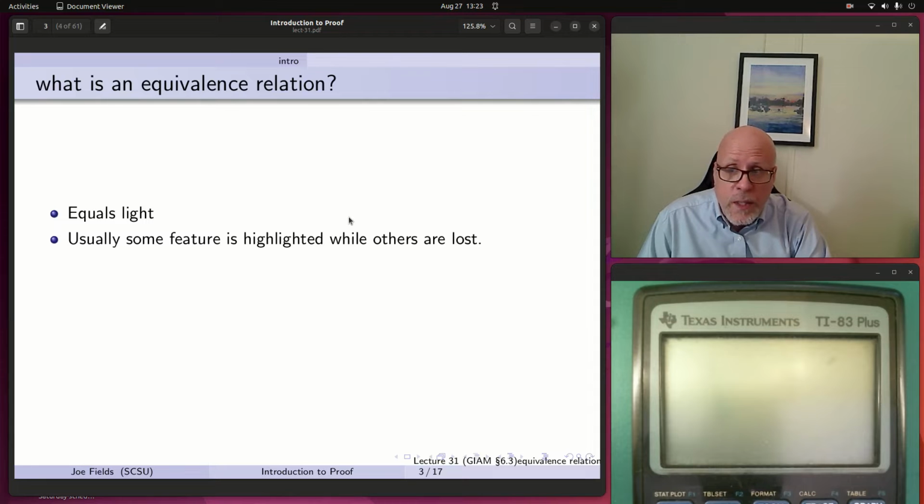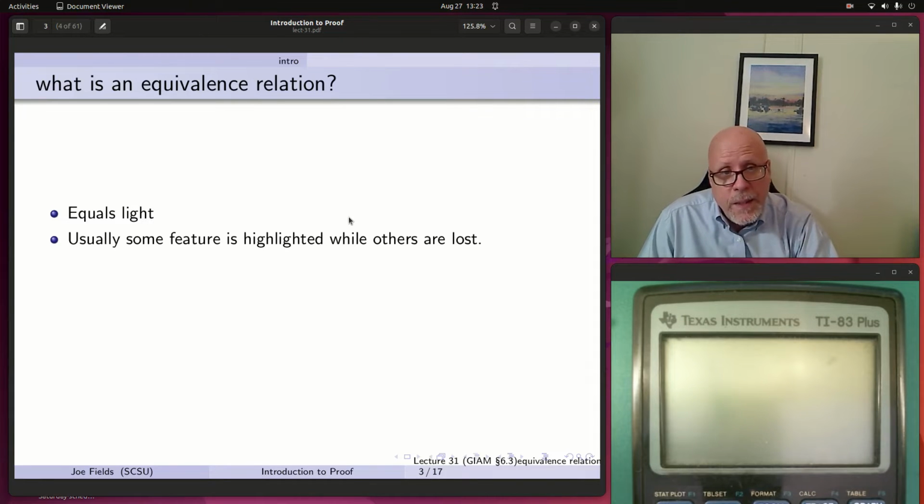Usually some feature gets highlighted a lot, and then other features get lost. Like, for instance, the idea that things may not literally be equal, but they do share some property. A good example to think about is the mod relations, the equivalence mod n.